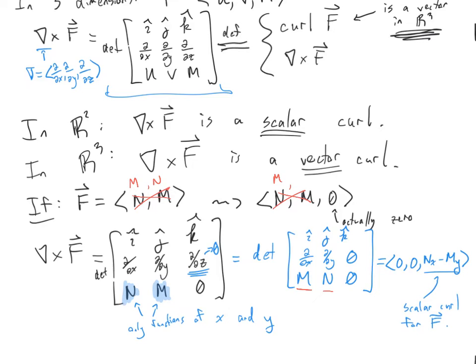Then over here, this is also m, not n, and this one here should be n, not m, and then everything else makes sense, but that's just relabeling. So we get the scalar curl, as I said.